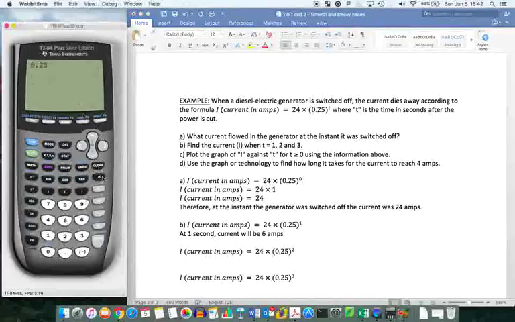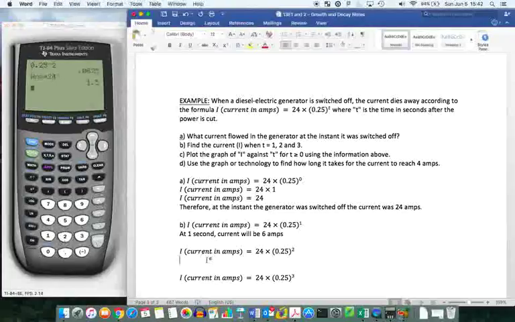0.25 to the power of 2 this time. 0.0625 times by 24, 1.5 at 2 seconds. Current will be 1.5 amps.